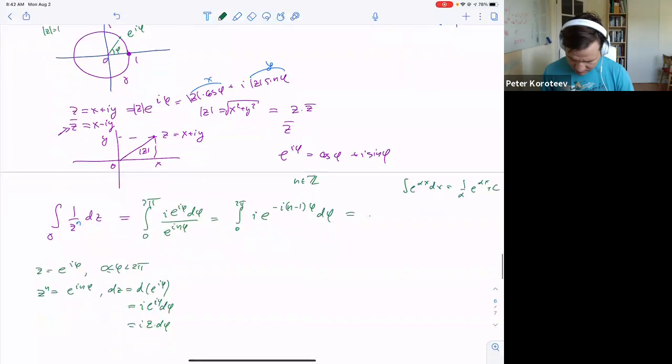You can put it up front, and then it will be just 1 over minus i (n minus 1) e to the power like this, right? And I'm not writing a constant because we need to do this substitution here. Right, you can cancel things like negative i, but so what is this equal to?